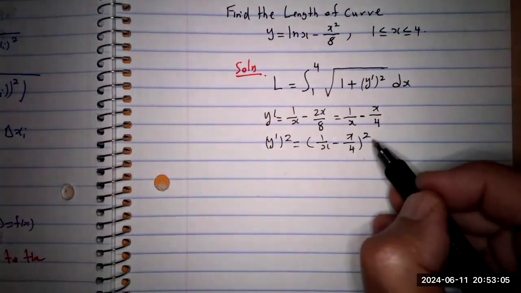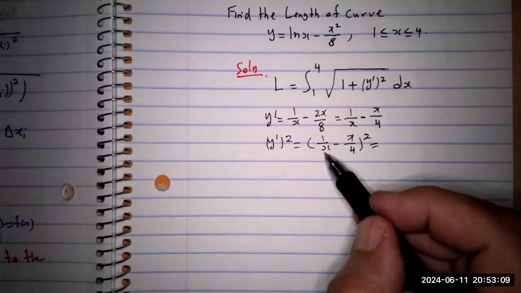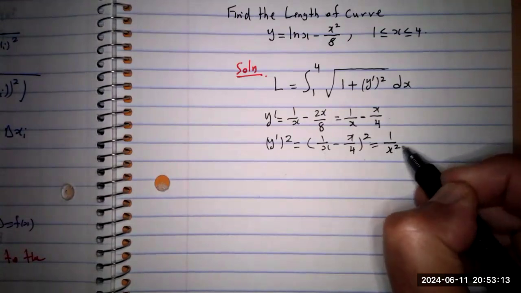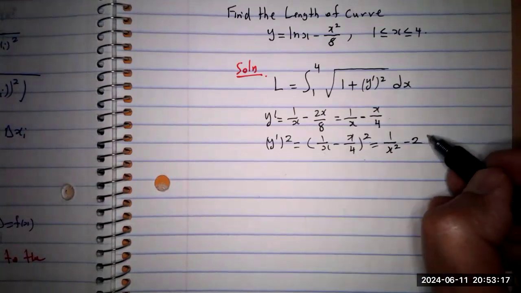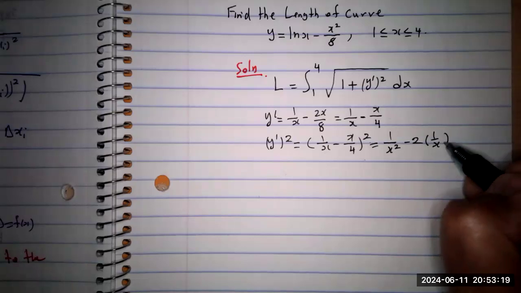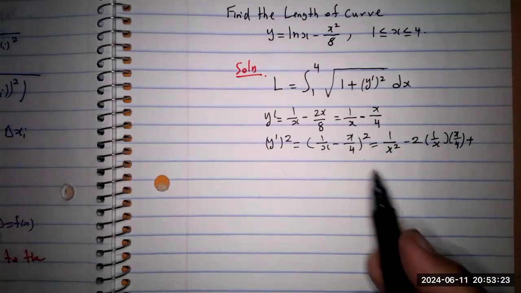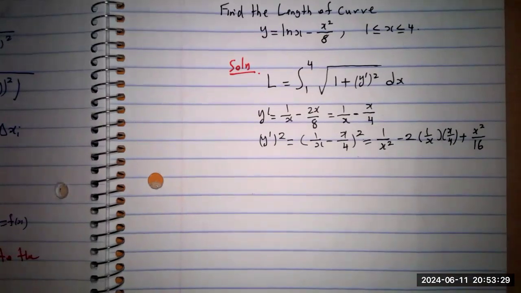You can use the square of the binomial to expand it. The square of the first one is 1 over x squared, minus twice the first times the second, 2 times 1 over x times x over 4, plus the square of the second one, which is x squared over 16. If you don't remember that formula, you can foil it, but it's easy to remember.